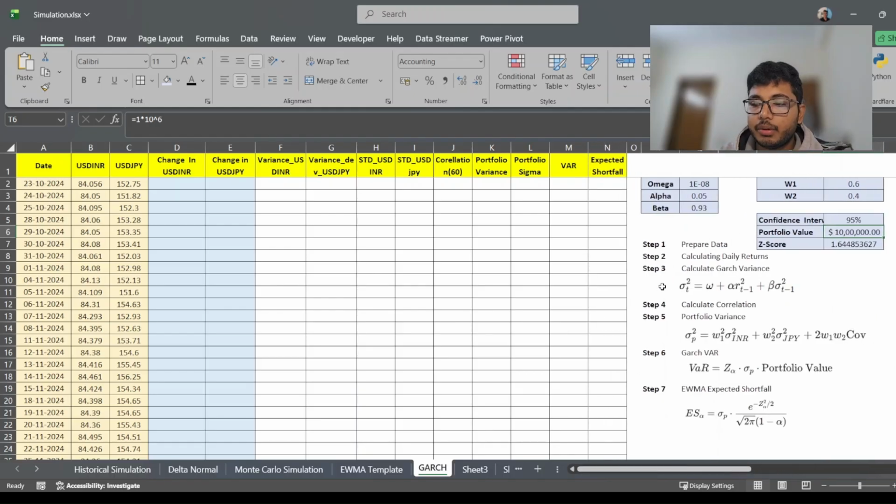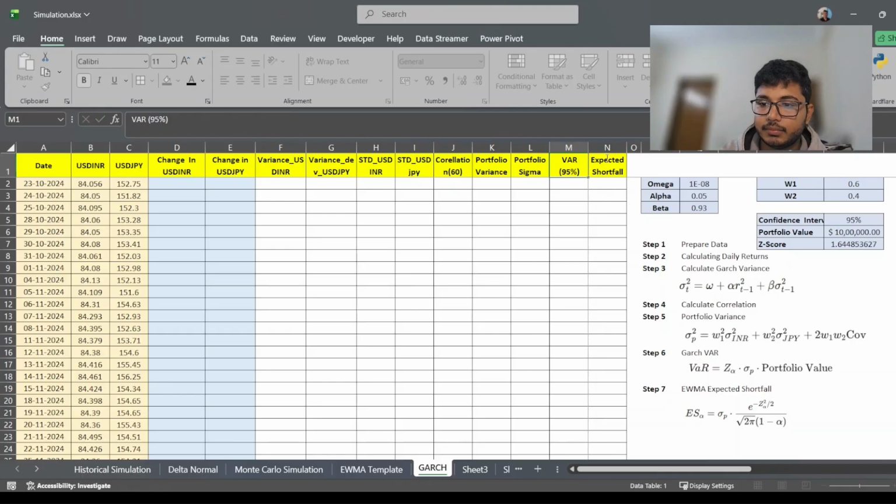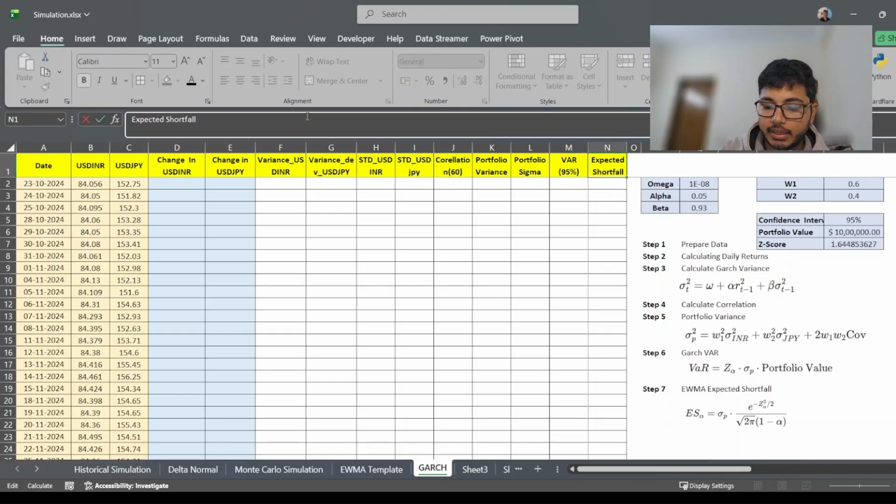Now we are going to follow 7 steps, just like we did in the previous video on EWMA, and calculate these parameters here. We are going to calculate VAR at 95% and expected shortfall also at 95%.